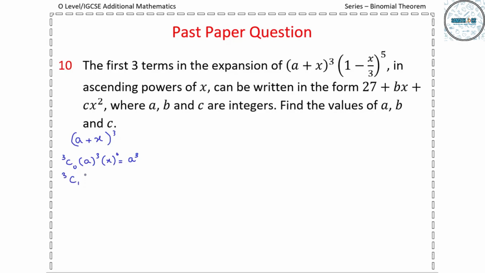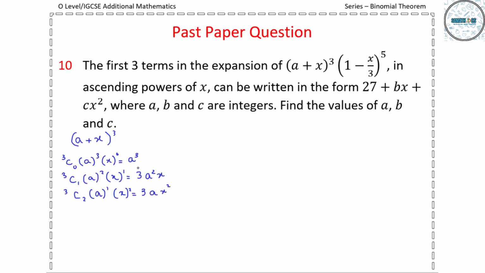3C1 a^2 x^1, which is 3a square x. Then we have 3C2 a^1 x^2. 3C2 is 3, so we get 3ax square.